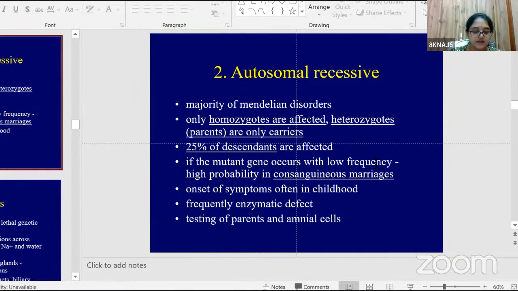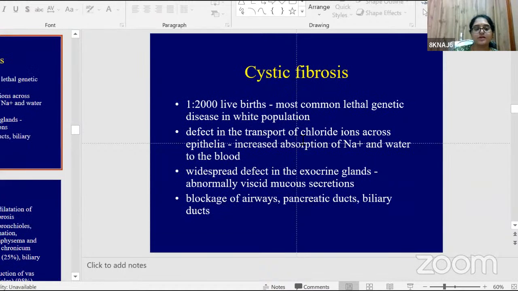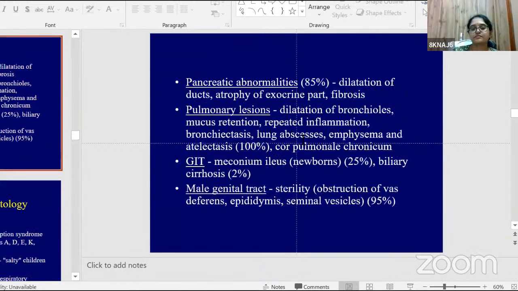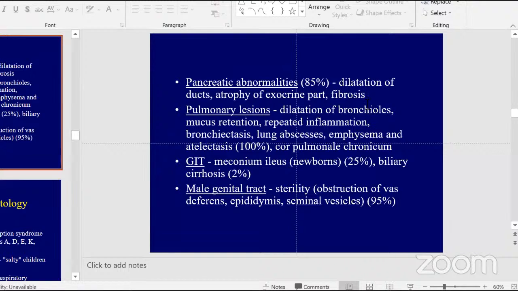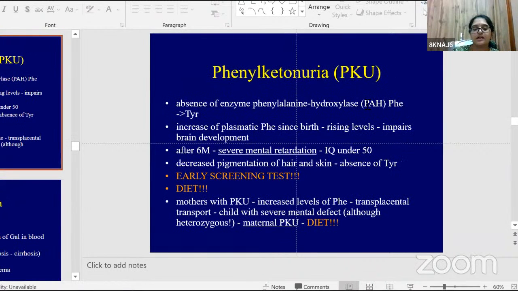This character is frequently seen in both males and females. Examples, like I said, are thalassemia, sickle cell anemia, phenylketonuria, homocystinuria, and cystic fibrosis. All of these are autosomal recessive disorders. We have just gone into detail regarding that, the absence of the enzyme phenylalanine hydroxylase.